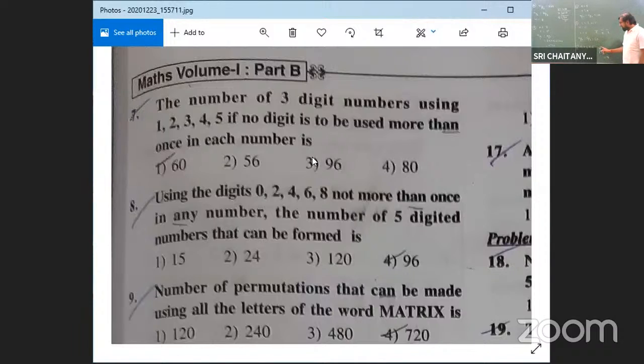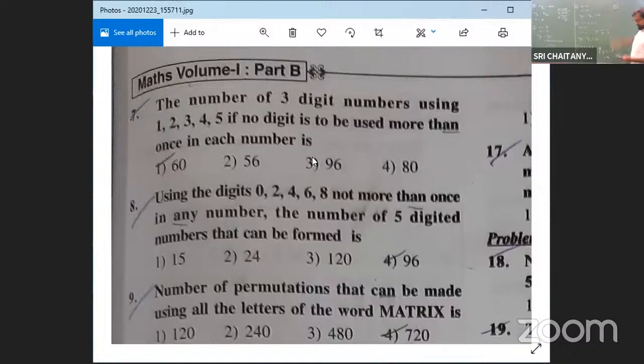If you fill this with 0, this becomes a 4-digit number. Hence, this should not be filled with 0. You can fill this other than 0 in 4 ways, either 2, 4, 6, 8. Now you can fill up the rest in 4 ways, 3 ways, 2 ways, and 1 way. Total permutations are 4 into 4 into 3 into 2 into 1, which is equal to 96.